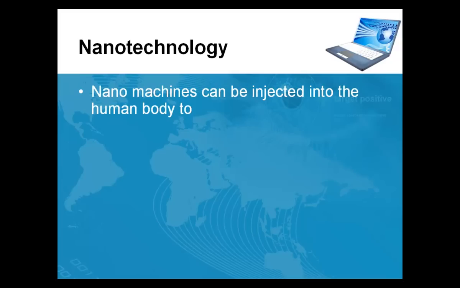Nano machines can be injected into the human body to get information. Many years ago, they developed a pill. So instead of cutting open a body, say that you had a lot of pain in your stomach, the doctor scanned it, they tried to do everything they could, they couldn't fix it.